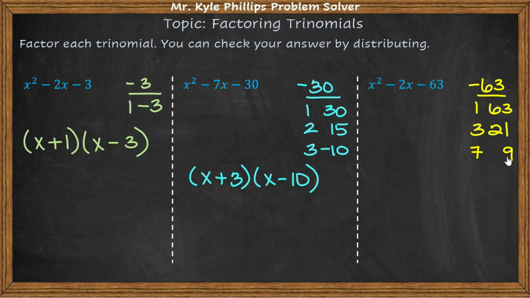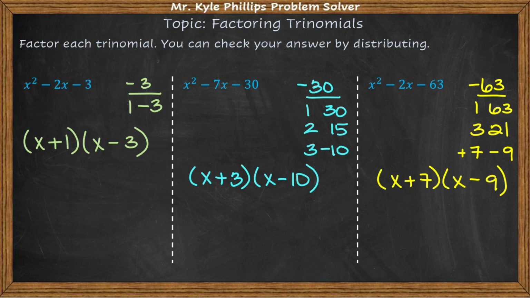I think so. 9 minus 7 is positive 2, so that doesn't work. But positive 7 minus 9, that gives me negative 2. And if I multiply, I get negative 63. So here I would have x plus 7 and x minus 9.